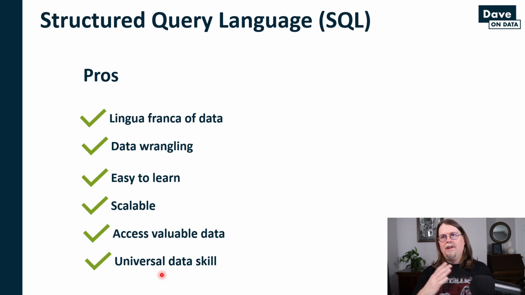If you think about all the data skills that are on job descriptions from all the companies around the world, number one is typically Excel. And number two is SQL. Because SQL, being the lingua franca of data, is, not surprisingly, a very valuable universal skill. So folks that have access to SQL, and have learned how to use SQL, typically find that it's immensely valuable. It's one of the most valuable things that they learn how to do.